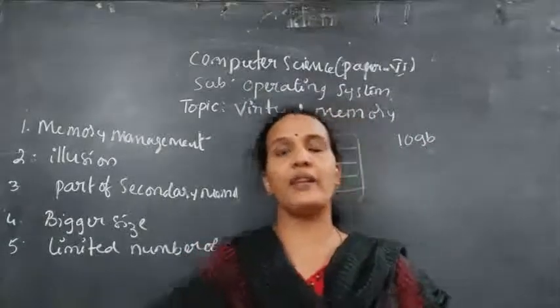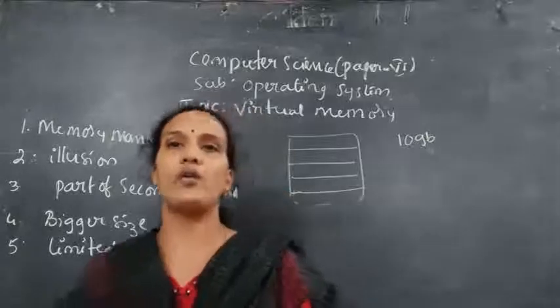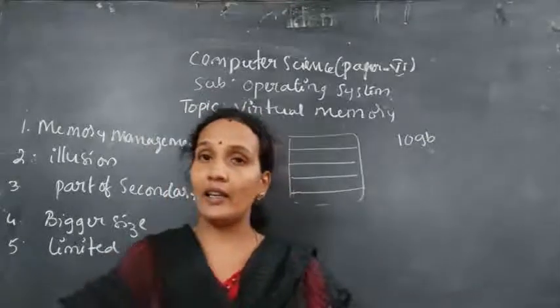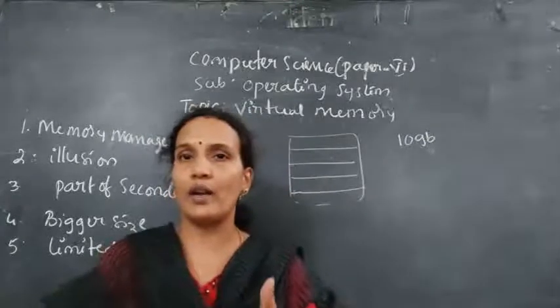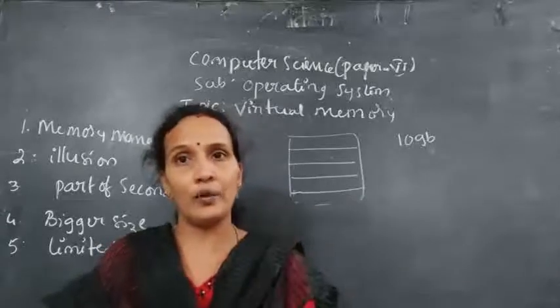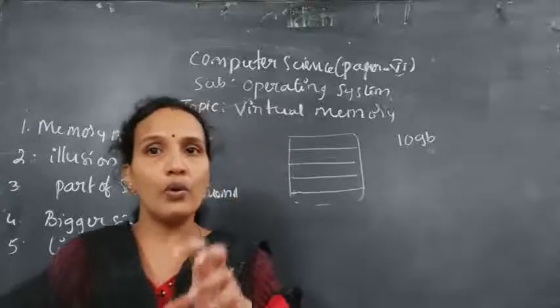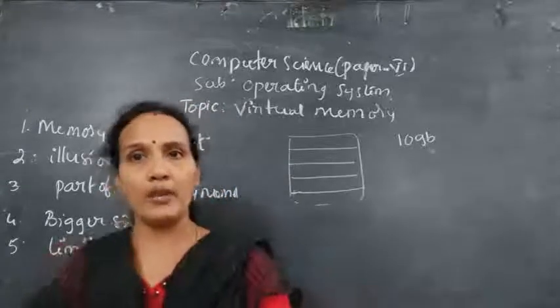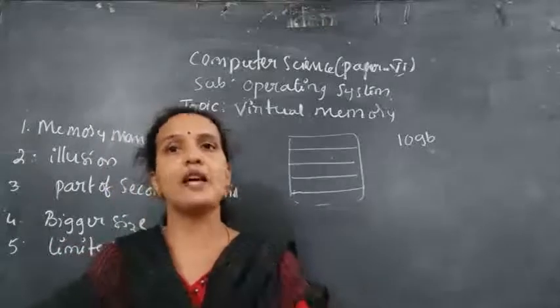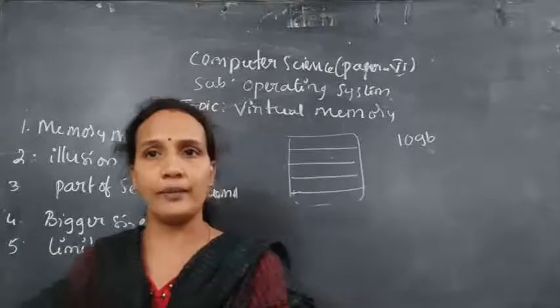Whatever pages are required right now, only those pages are loaded into the main memory. In this way it provides an illusion that the programmer can execute a program whose size is bigger than the main memory. But actually, the total program is not loaded into the main memory. Whatever pages are required from that process, only those pages are loaded.